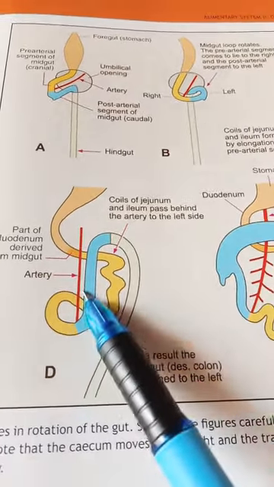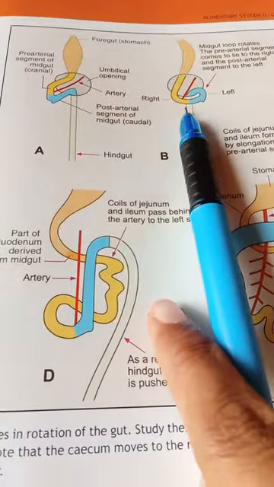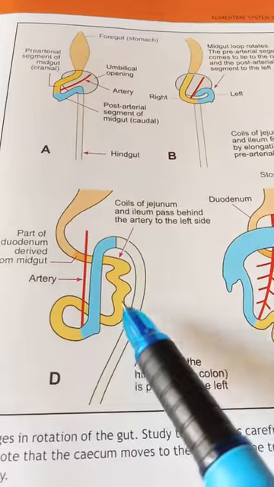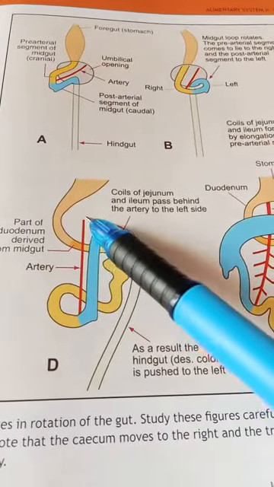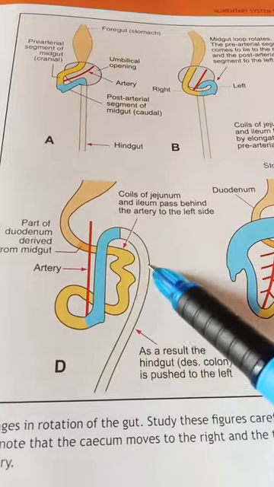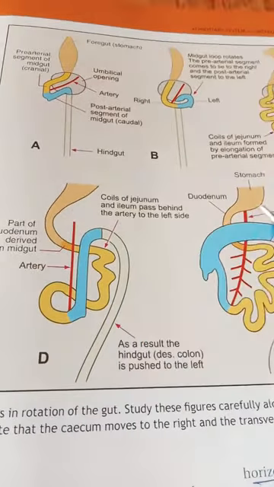If you remember, before, this yellow part is towards the right side, but after again undergoing anti-clockwise rotation, you can see this is coming to the left side and it is passing behind. So this is the superior mesenteric artery. Behind it, towards the left side, our coils of jejunum and ileum are passing.